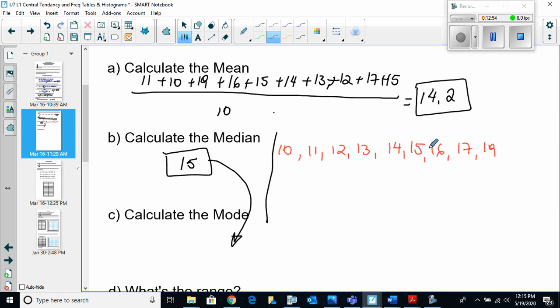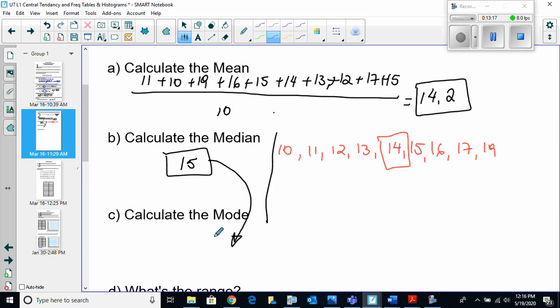Yeah, it's good because 15 is repeated twice. So now in this case, we'll have 2, 4, 6, 7, 9. So the middle one is 5, and it is number 14.